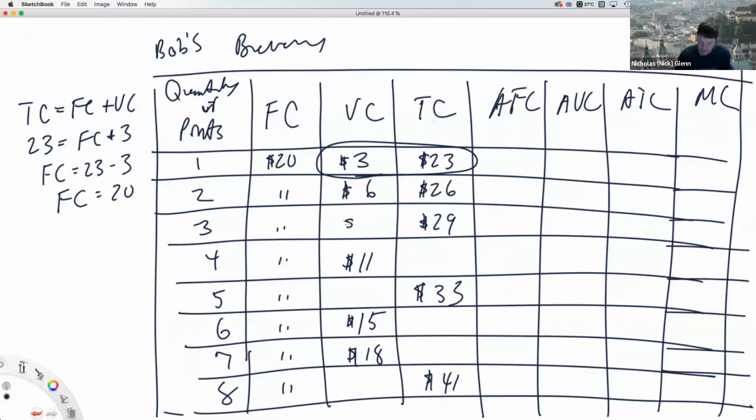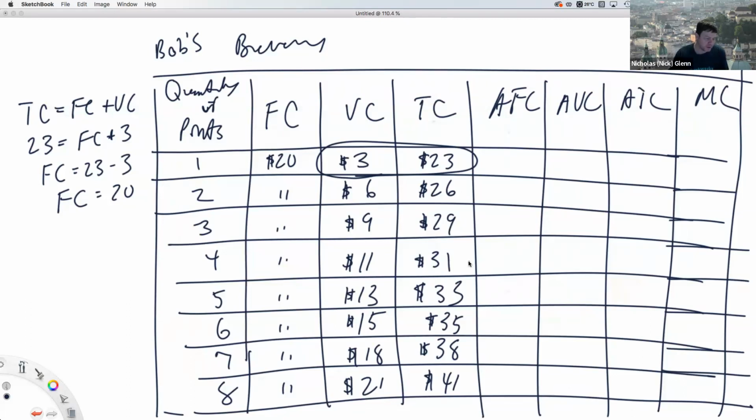Since it's 20 there, that's 9. This is 20, that's going to be 31. Since that's 33, that's 20, this is 13. This is 35. This is 38. And this is 21. So you can fill all those in easily by just make sure you know this formula, TC equals FC plus VC. And you should be able to fill all this rest of this part out.